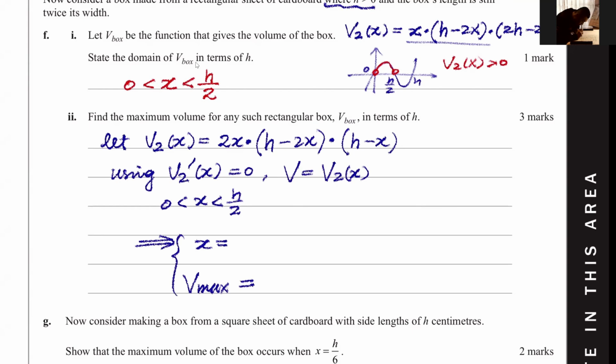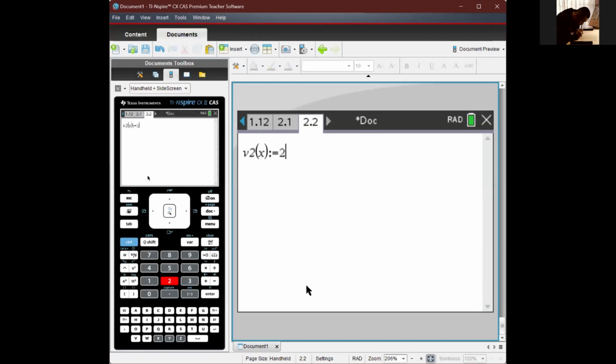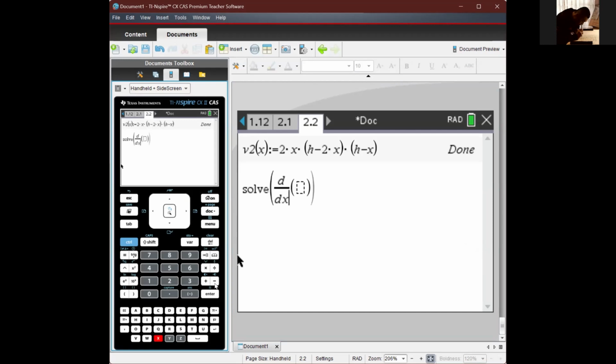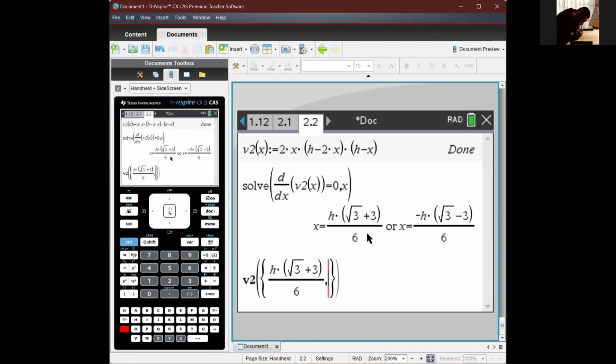So you can use your CAS calculator. V2(x) is assigned to 2x times h minus 2x times h minus x, and solve V2 dash of x equal to 0 for x. Now, how do we distinguish between these two values? Well, I think it's very easy because you can just plug them into your CAS.